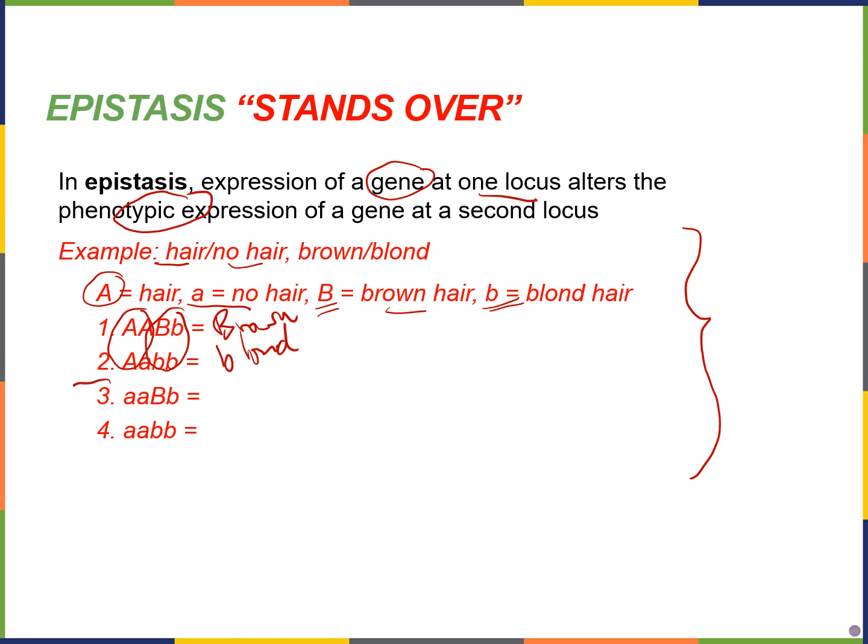But if I look at 3 and 4, they're not going to have hair. So it doesn't matter if it was going to be brown or blonde because they both have no hair. So in this example, the gene or the allele A is epistatic or stands over the allele B.